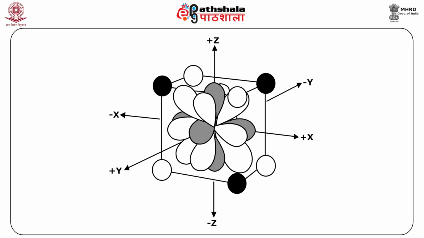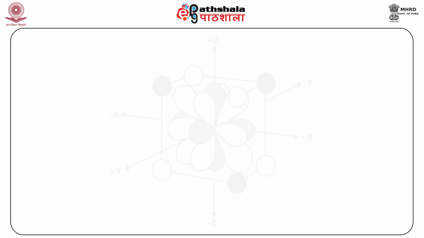This is because the t2g orbitals are closer to the direction of approach of the ligands in comparison to the eg orbitals. Hence, this results in higher energy of t2g orbitals rather than eg orbitals, as was in the case of the octahedral field. The process has been represented in the figure.